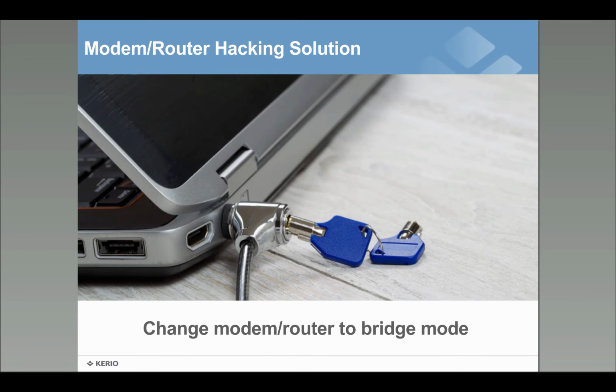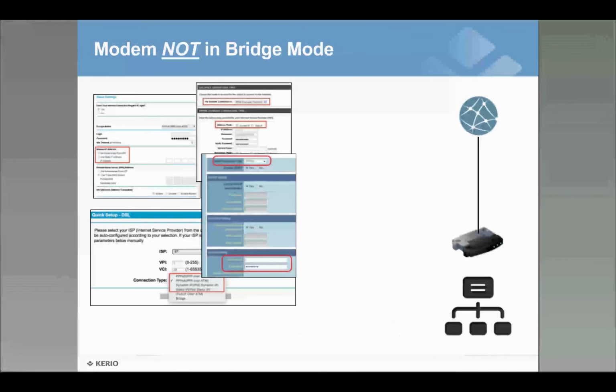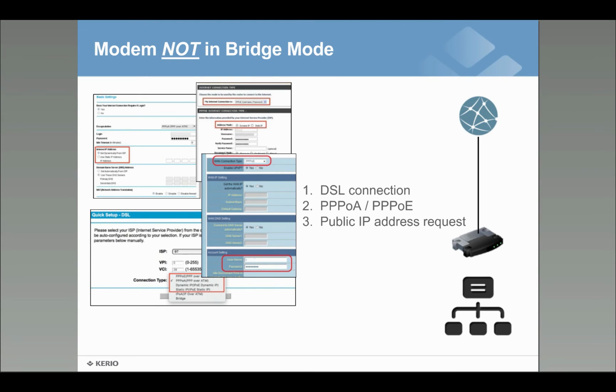Perfect. Thank you, Martin. Can we do something about it? I think we can. So the first step is to move on to changing the modem from a router just to a bridge mode. So I will briefly take you through what you're probably doing now if you don't use the bridge mode.